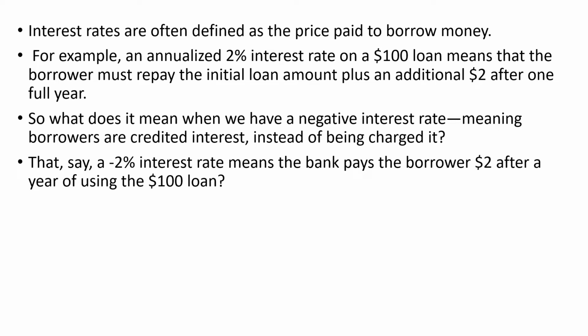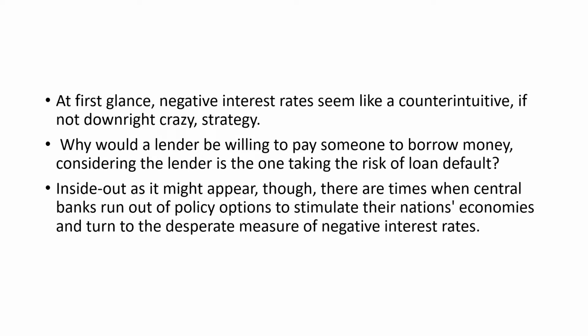In the case of positive interest rate, the borrower has to pay the bank $2, because 2% is charged as the interest rate. But in the case of negative interest rate, the bank would be paying the borrower $2, that is 2% of the principal amount. This is known as a negative interest rate.